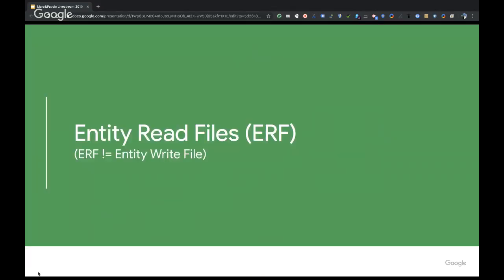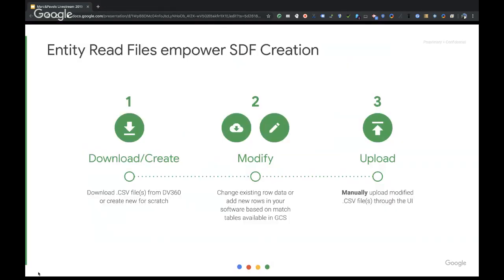All right. Let's talk a little bit about entity read files, also called ERFs. So what are ERFs? ERFs are essentially JSON representations of all the entities present, targeting entities present in DV360. There are two types of ERFs, we'll talk about them in a second. However, the workflow for SDFs using ERFs is pretty much the same.